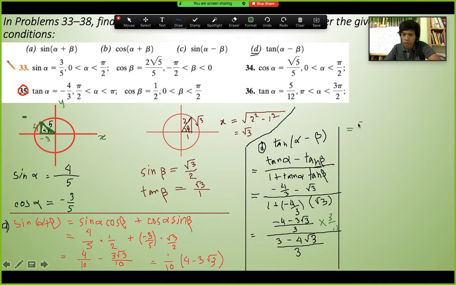So we will skip one line here, just see the next line will look like 3 root 3. This will be up here. Let's remove this first from here, because it may confuse you. So this will become minus 4 3 root 3 divided by, this will be like 3 minus 4 root 3.